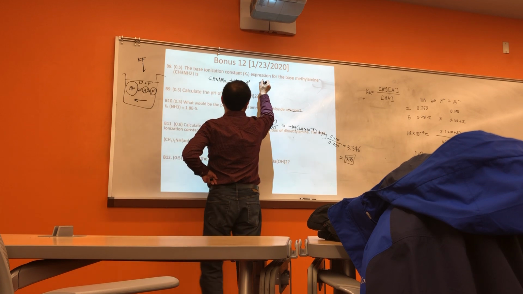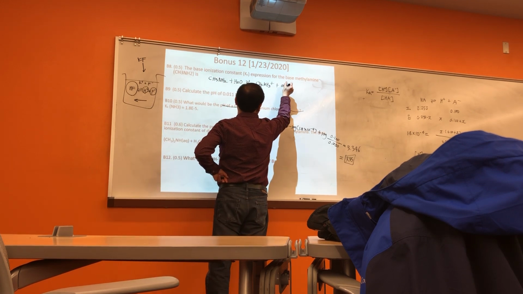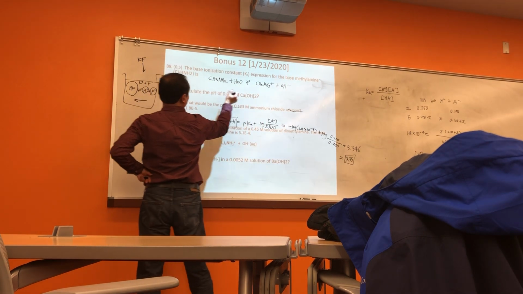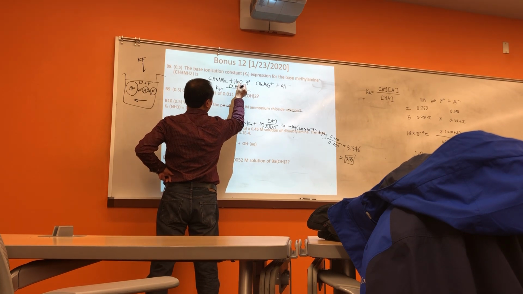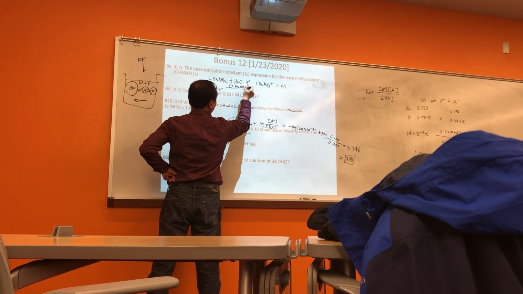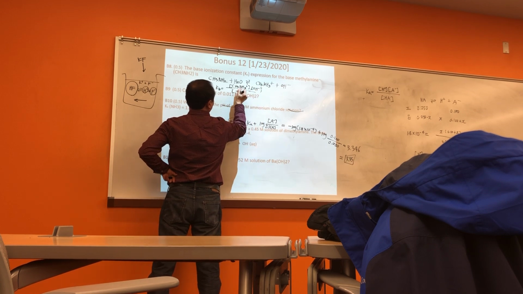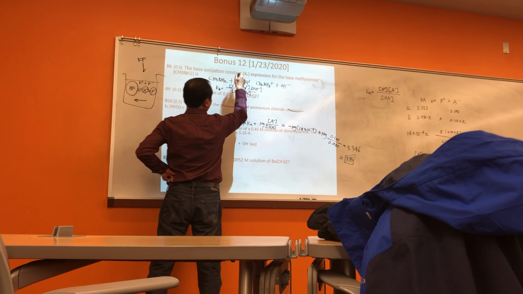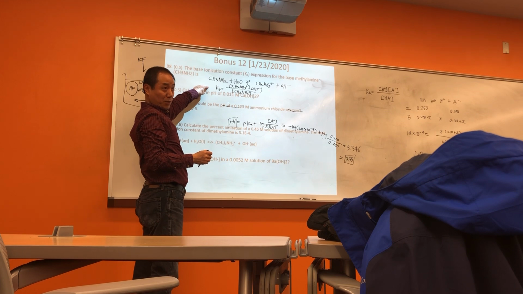If it accepts a proton, it will make a hydroxide ion. So the Kb expression is products over reactants, not including water. That will be the Kb expression.